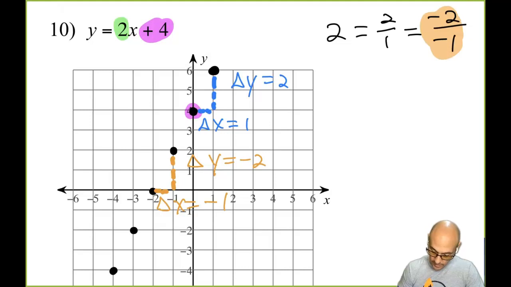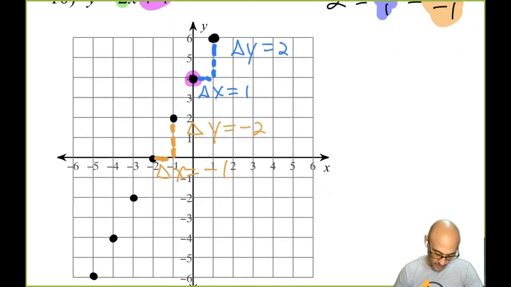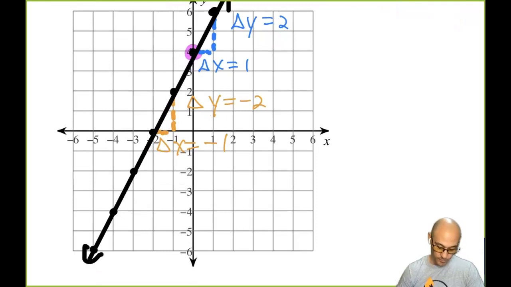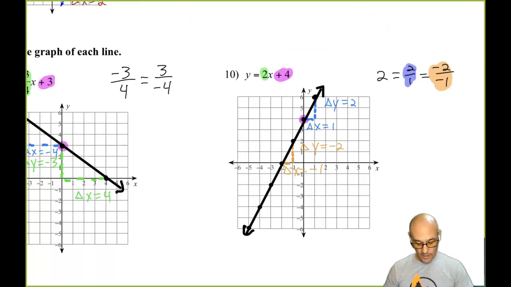And this one here is up 2 to the right 1. And I can connect all those up. Close enough. I have the points in there, so that's good. There we go. So that is our graphing.